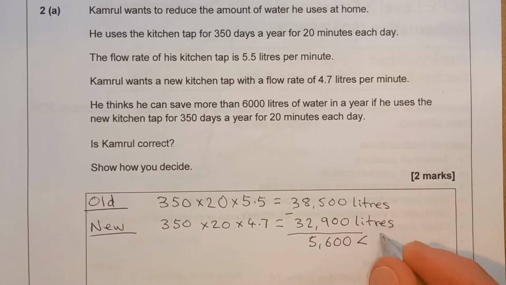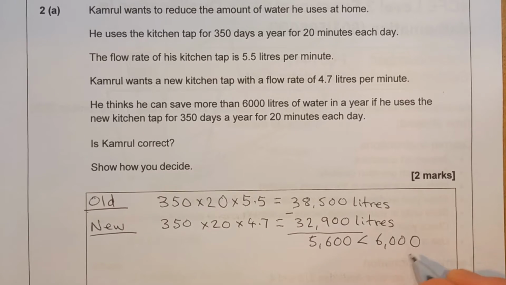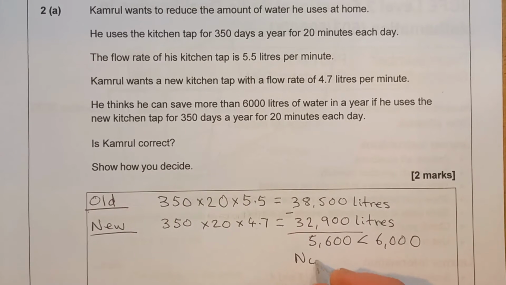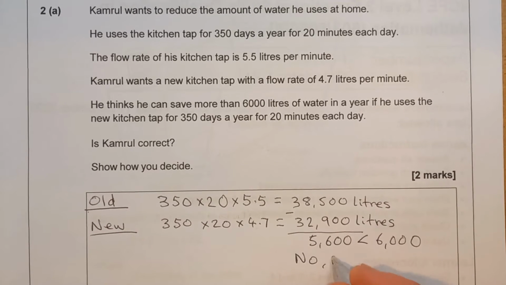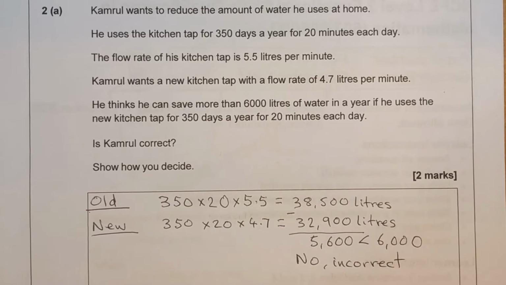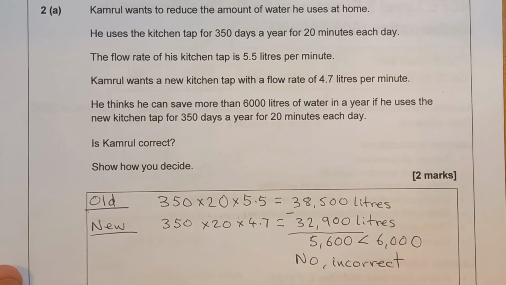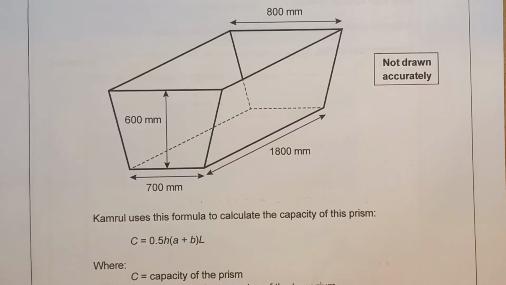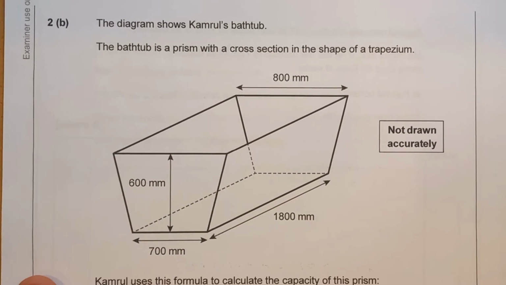Well, that's less than 6,000. So is Cameron correct? No. Incorrect. So still a good saving, but not 6,000 litres.